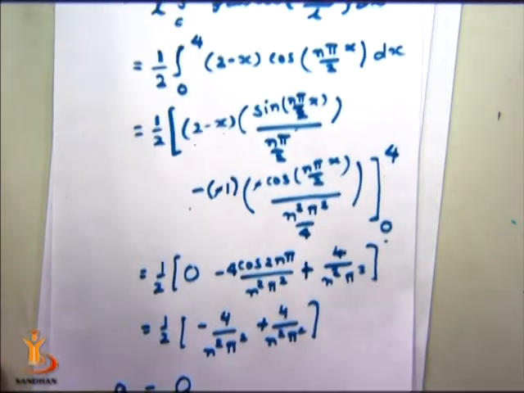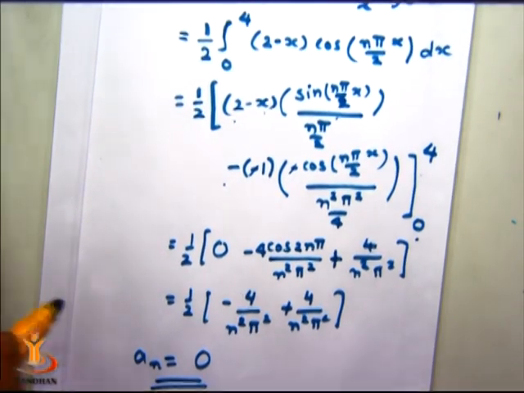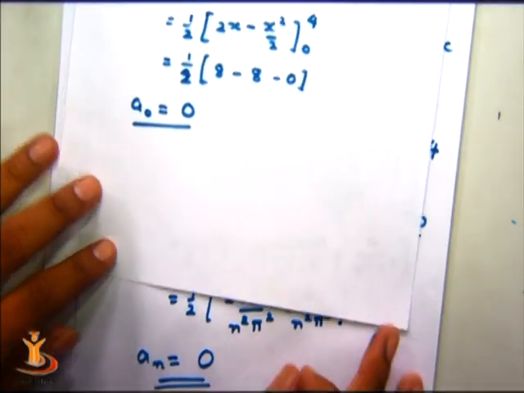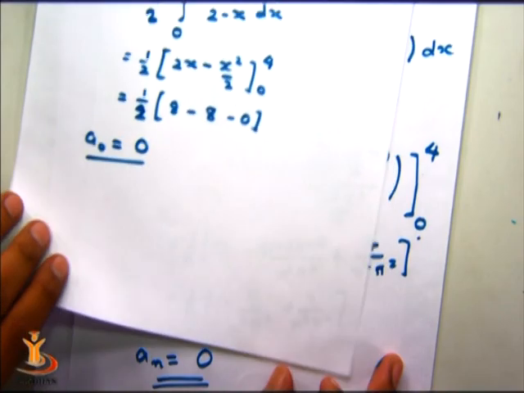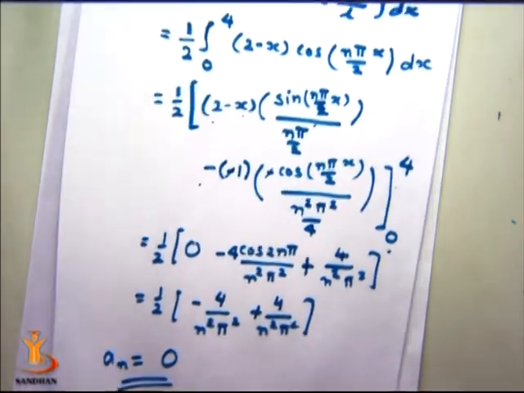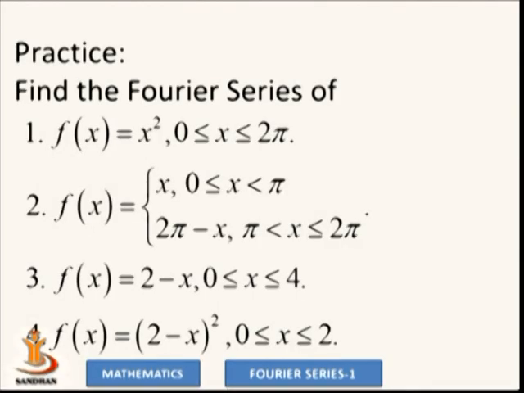So here a0 is also 0. If you observe, a0 is 0 and an is also 0, so bn must be non-zero.